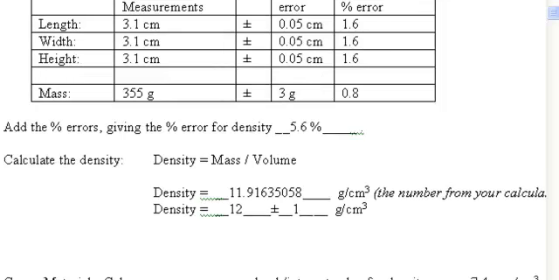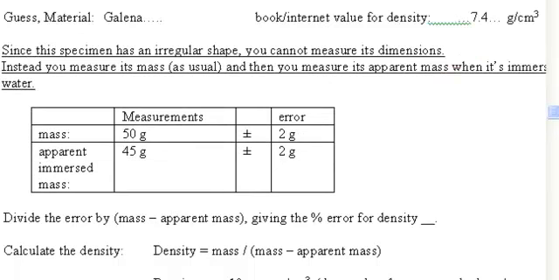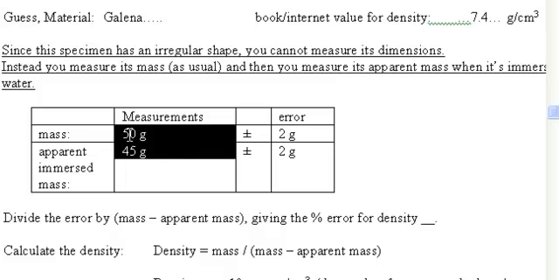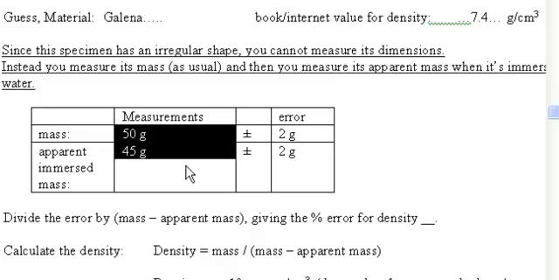Let's look at the one with the irregular shape specimen. Here the calculation is somewhat different simply because we're not just dividing and multiplying, but at some point we're subtracting. And here, even though 2 grams compared to 50 is only a 4% error, and 2 grams compared to 45 is also about a 4% error, that's relatively small, but we're subtracting these two numbers, and that's 5 grams.